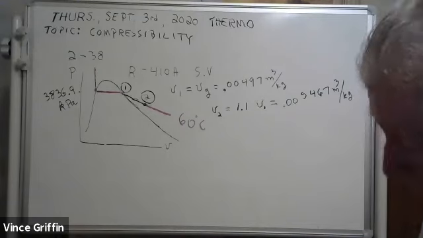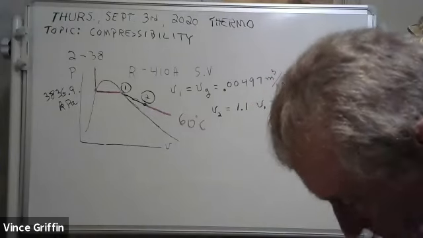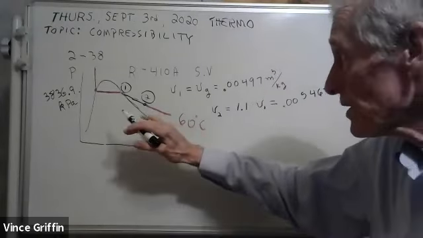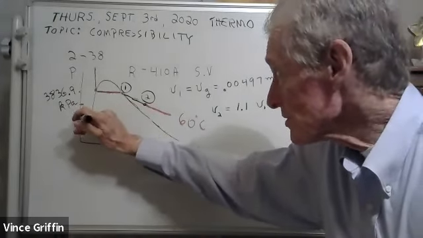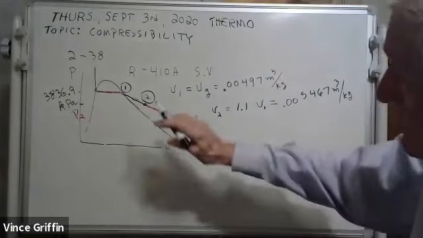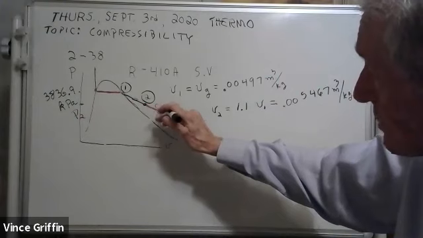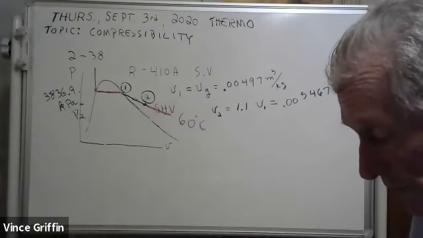And we're going to find the pressure. I think that's what they wanted, right? Yeah. They want to know what this pressure is at 2. Come over here. That's going to be the pressure at 2. You want to know what it is. Well, see, we're in the superheated vapor region. So we're going to go to the superheated vapor chart.